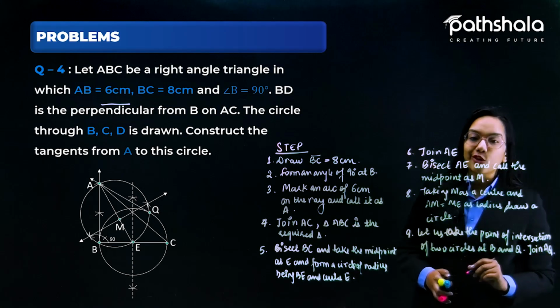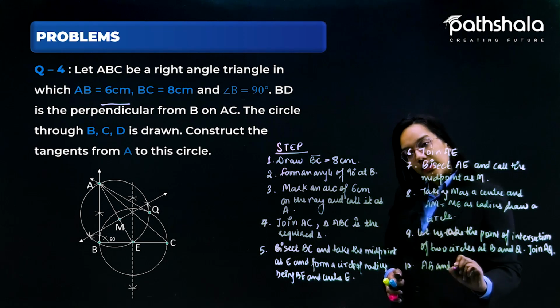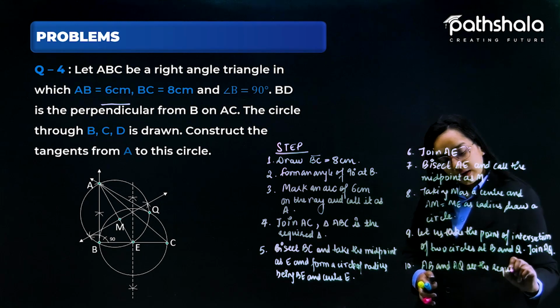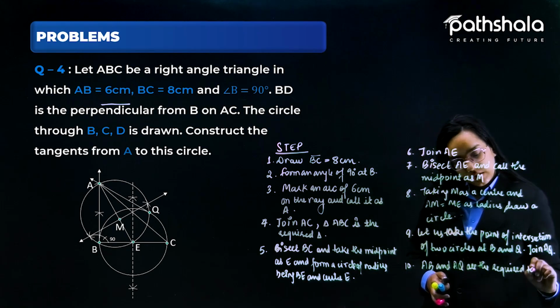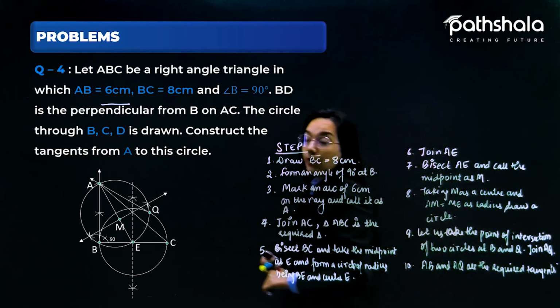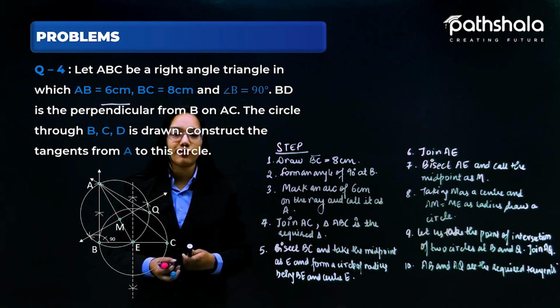So just join AQ, and hence at the end AB and AQ are the required tangents. As you can see, AB and AQ are the required tangents that we are getting over here. Now I'll give the justification for this one.